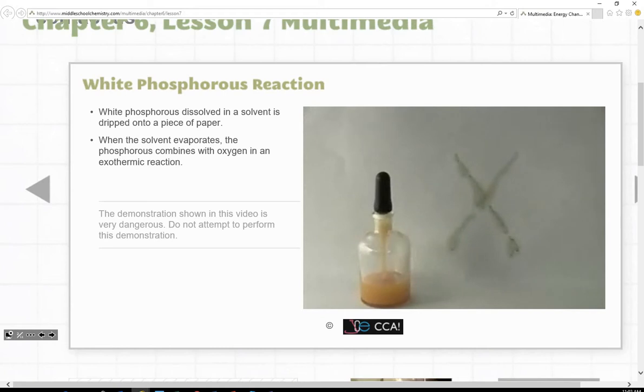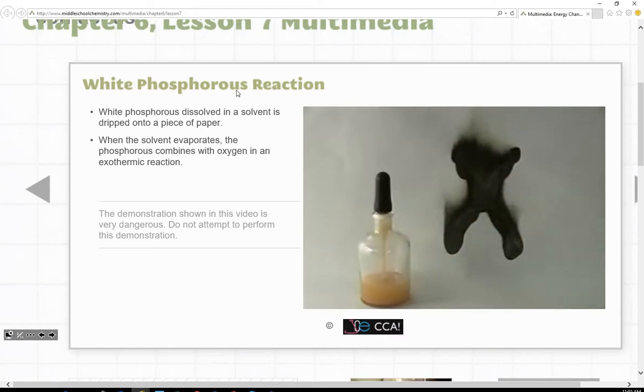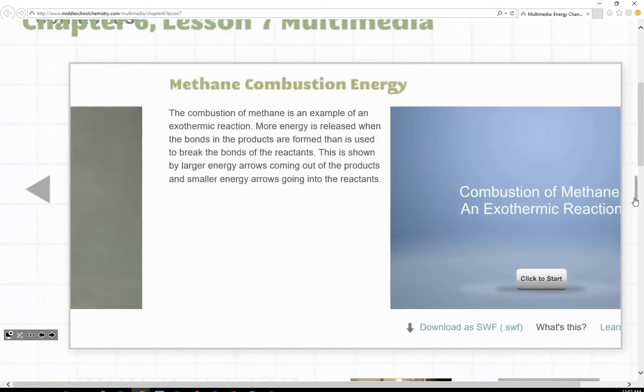As the solvent carbon disulfide evaporates away, the element begins to react with oxygen from the air in a spontaneous exothermic combustion reaction. What is this element? White phosphorus. That makes me laugh that they do that. So that's one that catches fire very easily.